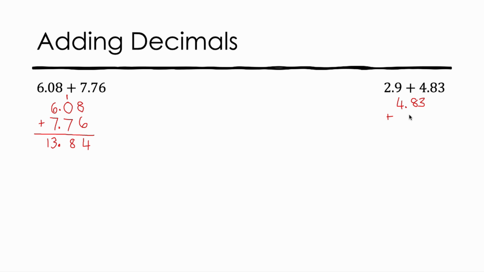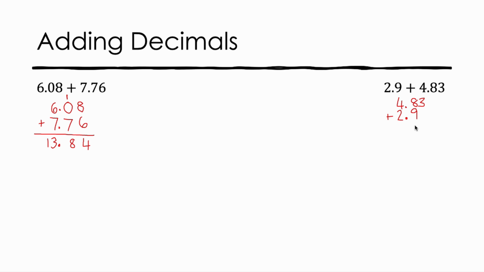But where are we going to put the 2.9? Are we going to put it here or here? Well, we need our decimal points to line up. So we need to put the decimal point here. So let's just put that there. Then line up the rest of our places. So 2 goes on this side and 9 goes on this side.